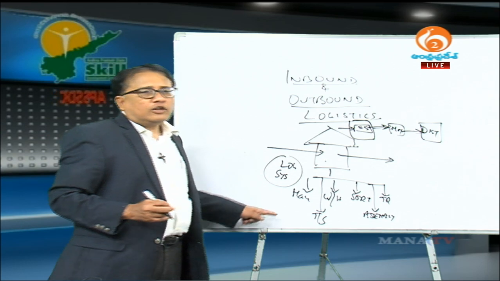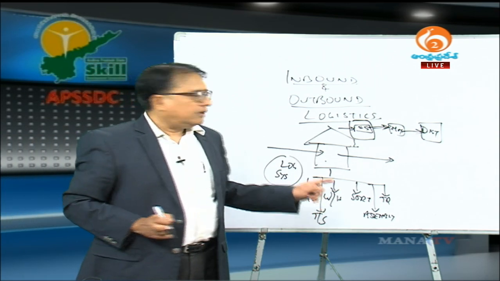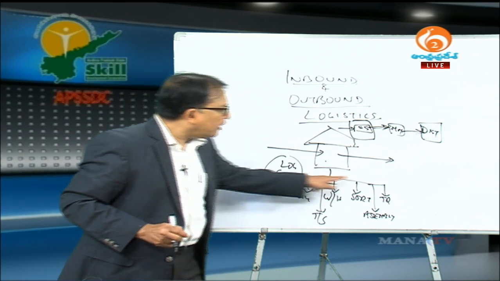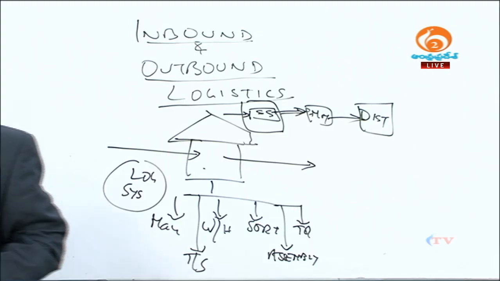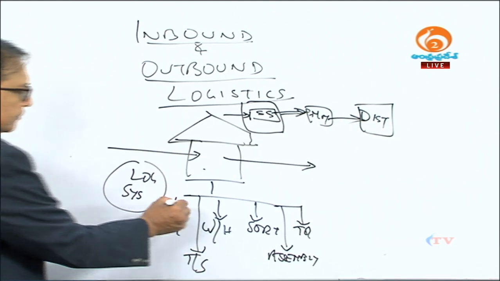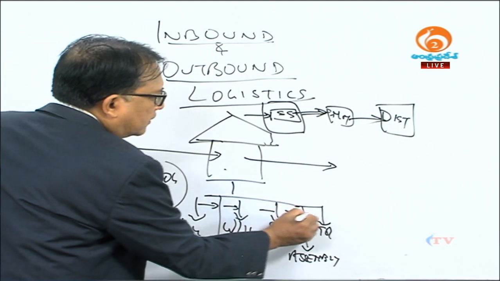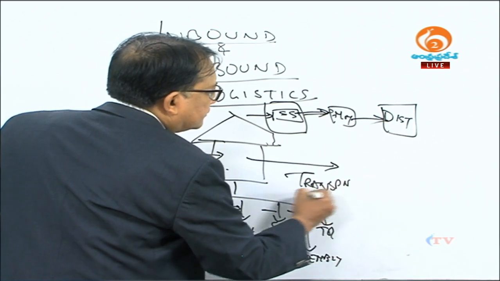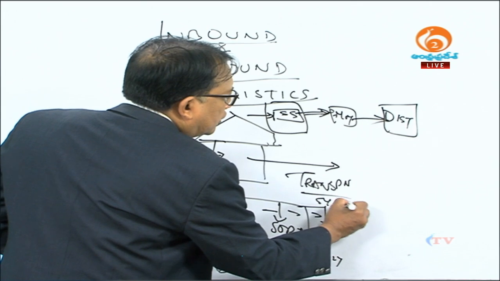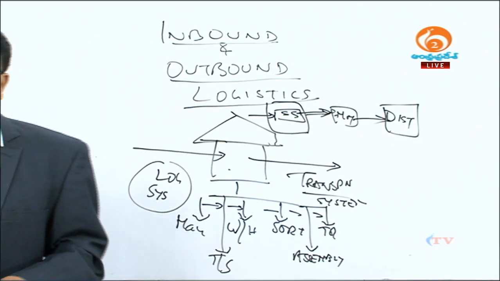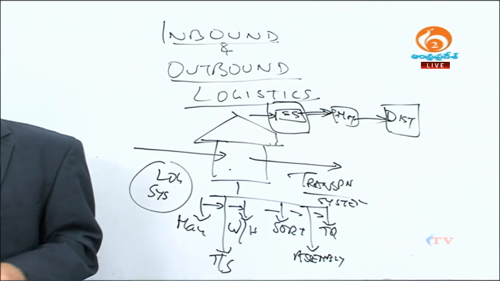So, the entire logistics system related to this particular organization involves a number of facilities, and if you remember, in the logistics system all these facilities are connected by a transportation system. So, all these facilities together form a logistics system.